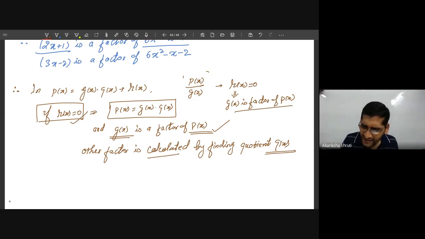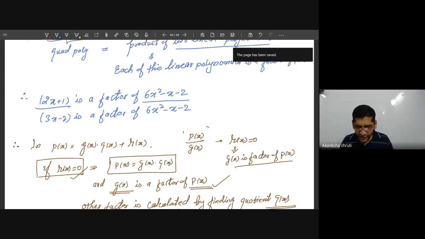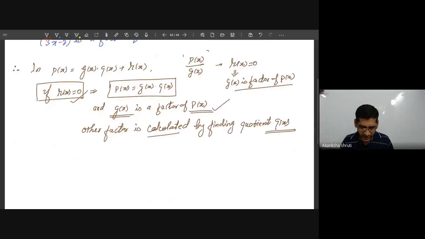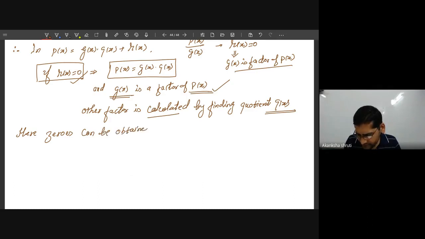But here another important thing is how to obtain the zeros by this method. Student, here zeros can be obtained by equating each factor to 0.